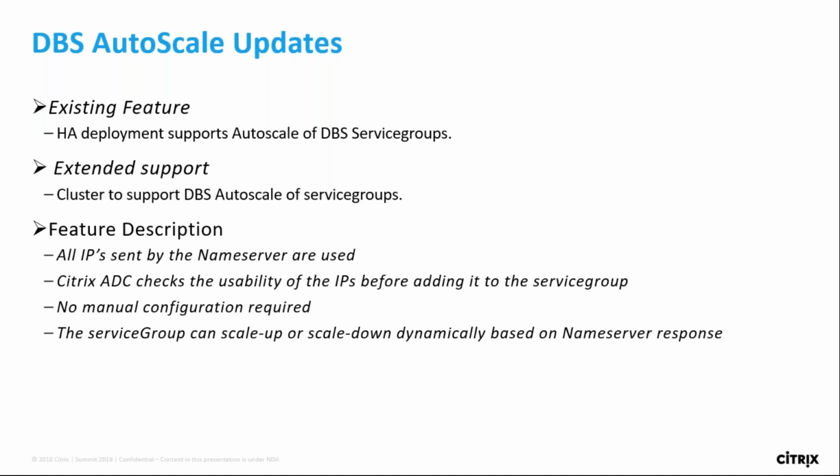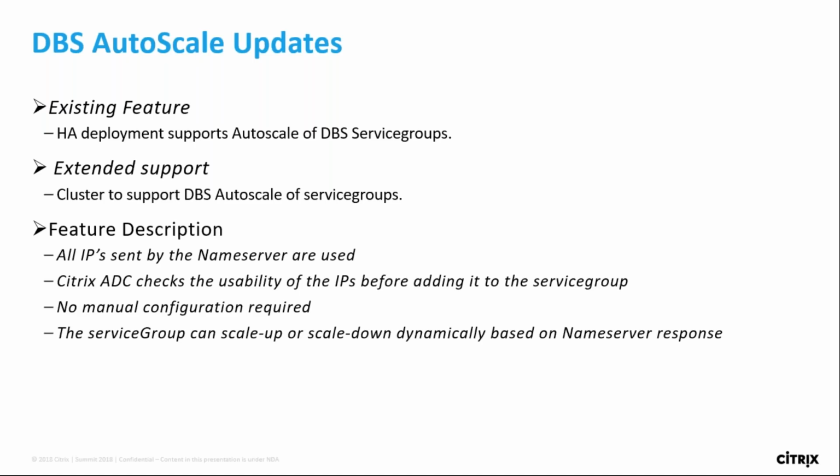Let's say when you talk to the name server, it will respond back with a list of IP addresses, and this list of IP addresses will act as service group members to the VIP. And next time, when you connect with the name server, if the name server has a different list, whether it is scaled up or down, that change has to be reflected in the service group.